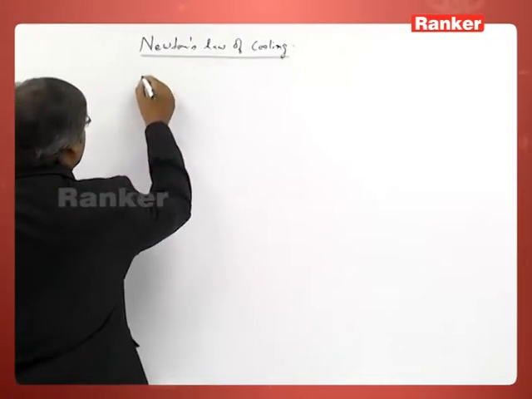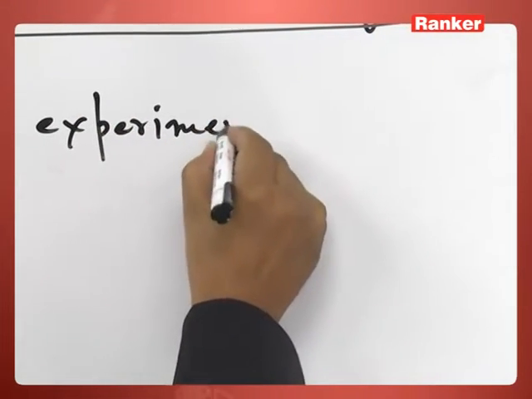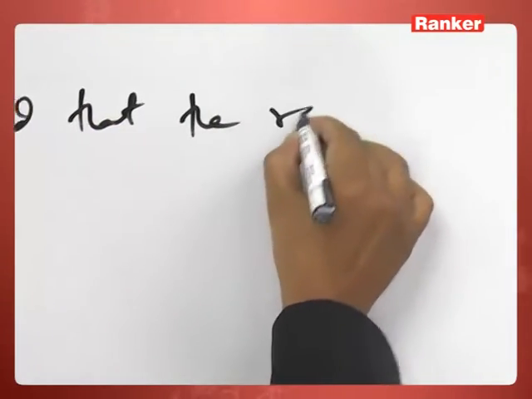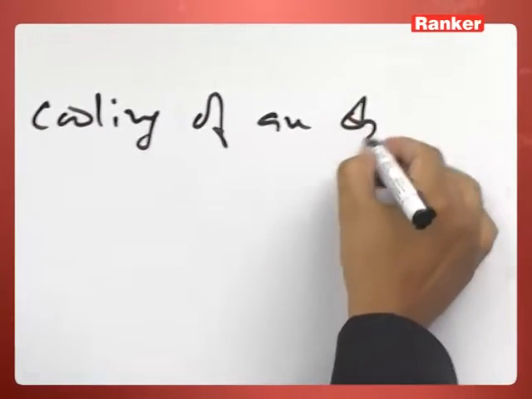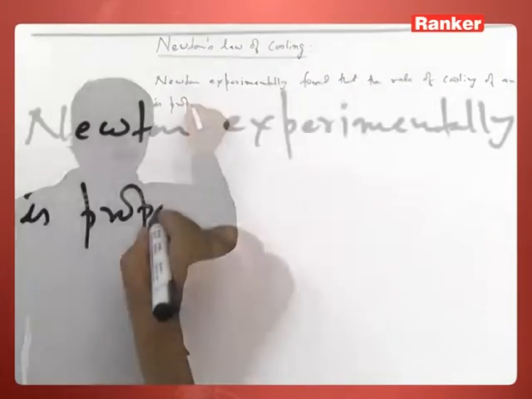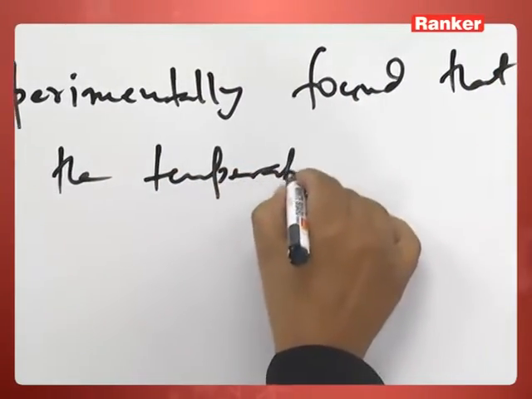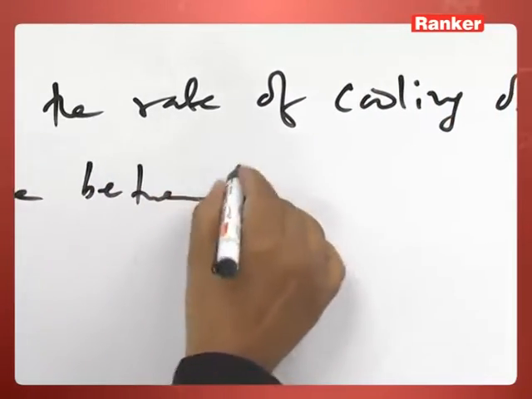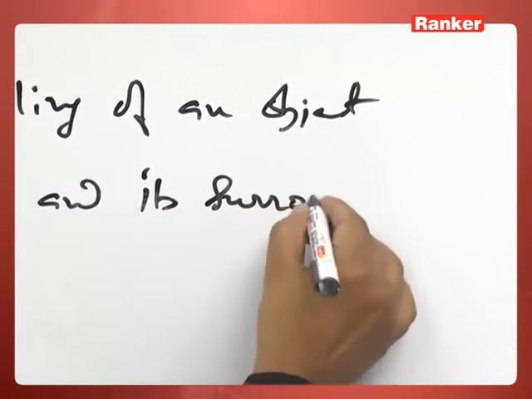So, Newton experimentally found that the rate of cooling of an object is proportional to the temperature difference between the object and its surroundings.